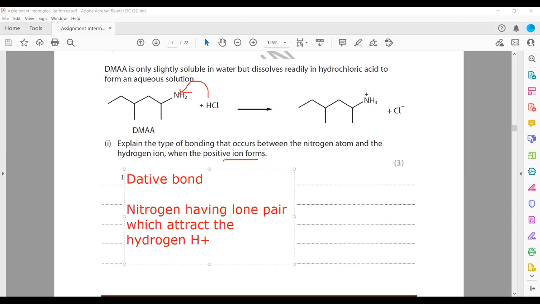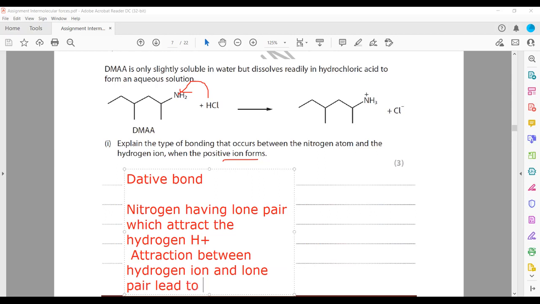Hydrogen does not have electrons, so the attraction between hydrogen ion and lone pair leads to a dative bond.